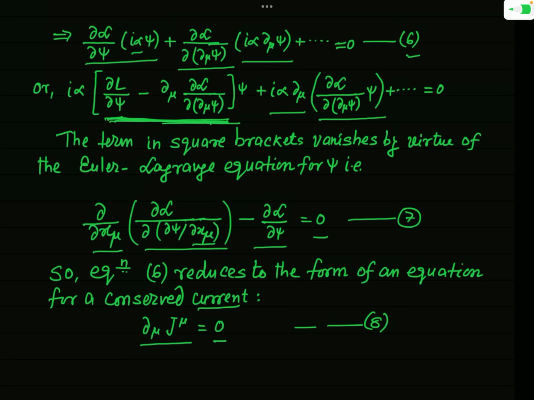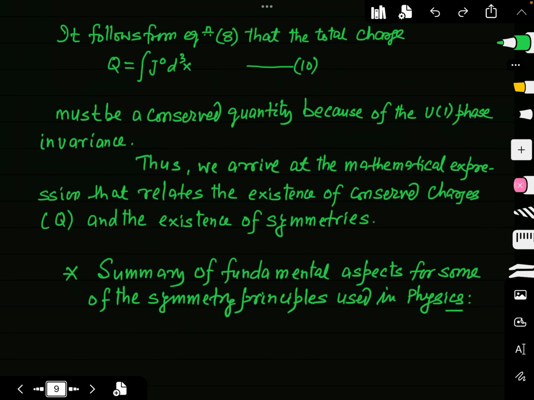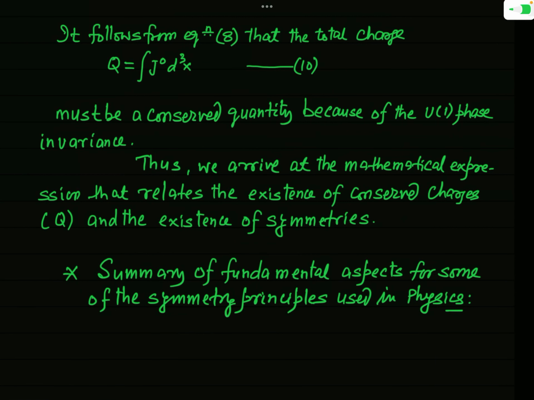Here this j mu is the current 4-vector, you know, and if this equation holds, it means that the charge, which is the 0th order moment of the current, is conserved. So you can write the total charge Q as simply equal to the 0th order moment of the current, and so Q can be written as the integral of J0 d3x.